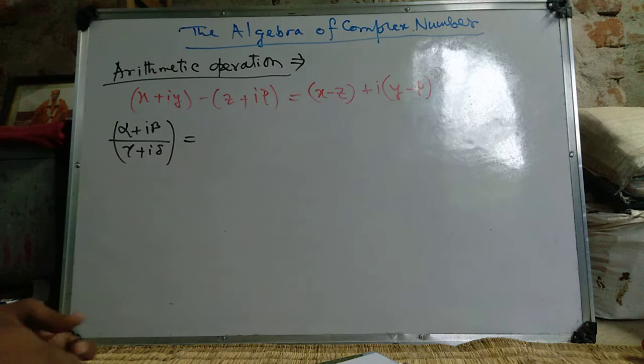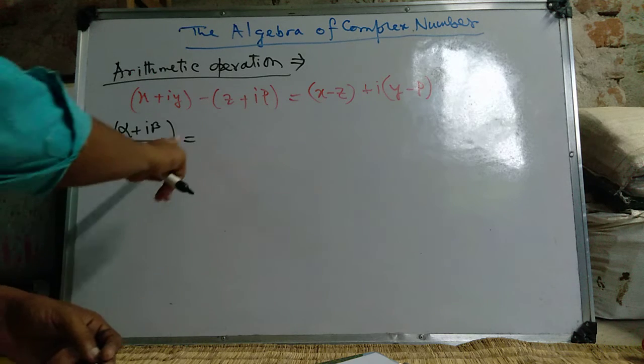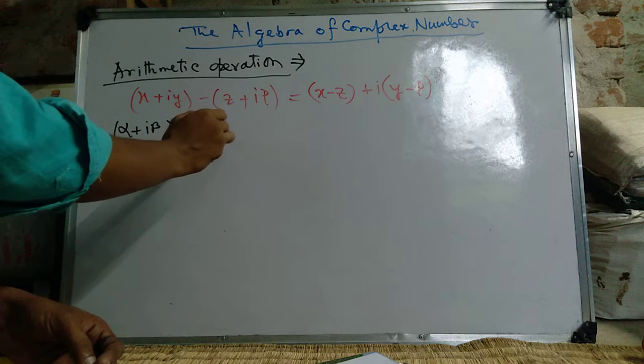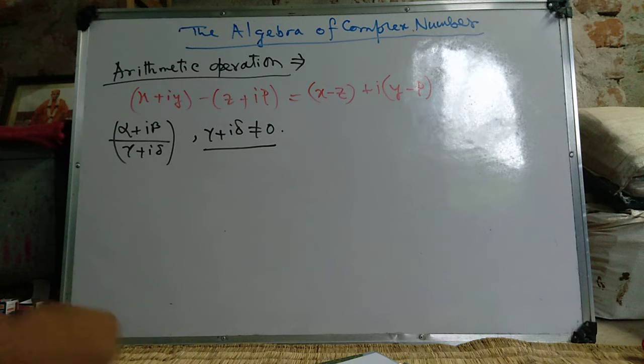This gives a complex number, but how is this done? This exists if gamma plus i delta is not equal to 0, because division is possible only if the denominator is not equal to 0. This is a crucial point, and we mention it here for better understanding.